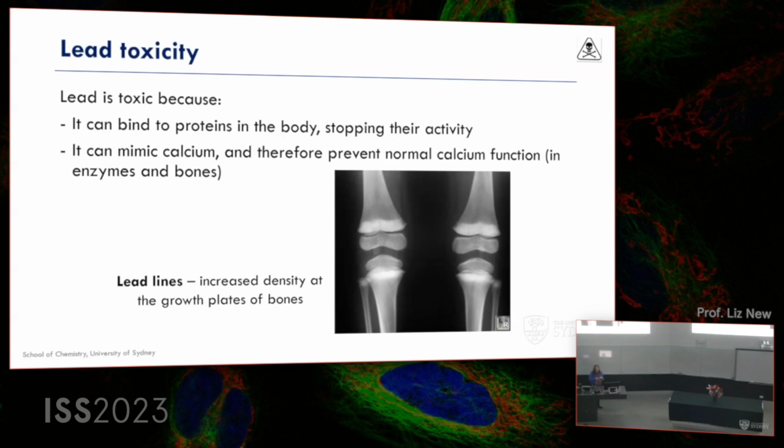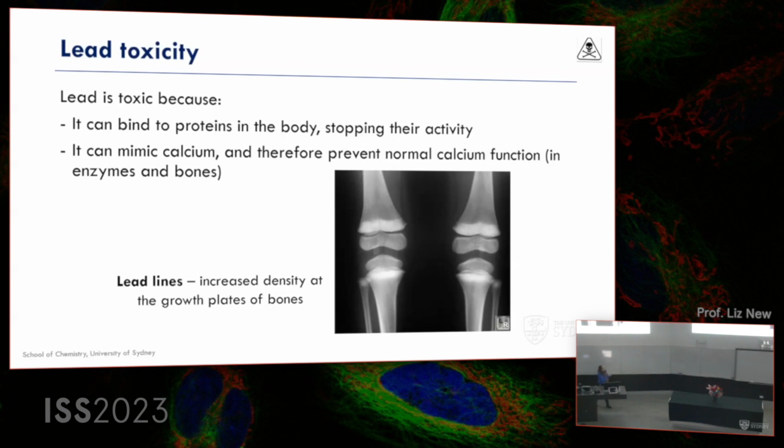The other thing lead does is that it mimics calcium. And because the body didn't encounter lead during evolution, the enzymes that take calcium into the cell can also take lead into the cell. They didn't evolve to be selective for calcium over lead, and so therefore they don't recognize that lead is any different from calcium. They take up lead.